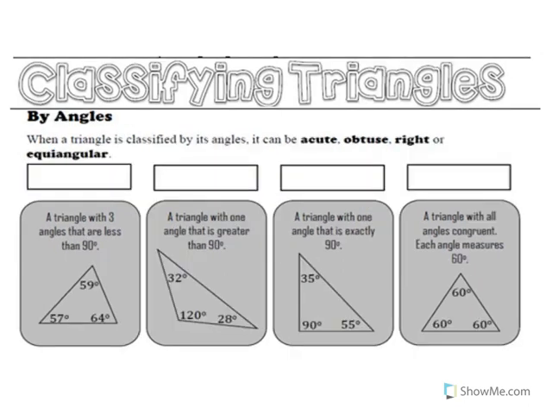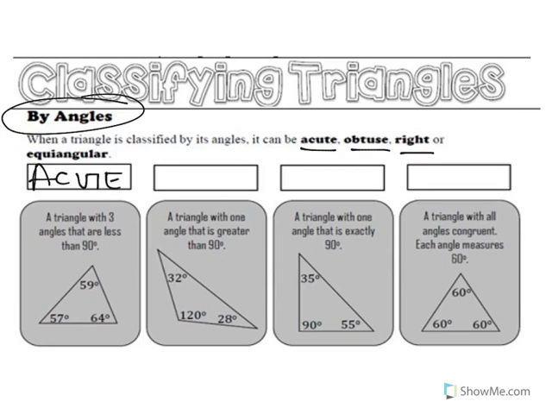Now we can also classify triangles by angles. When a triangle is classified by its angles, it can be acute, obtuse, right, or equiangular. A triangle with three angles that are less than 90 degrees is known as acute.